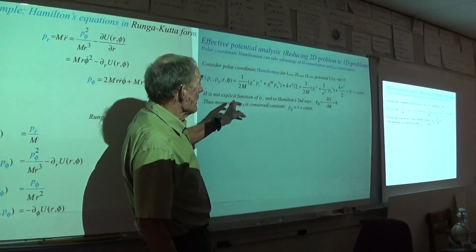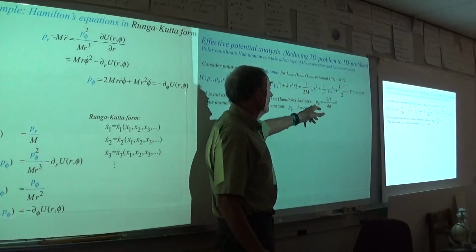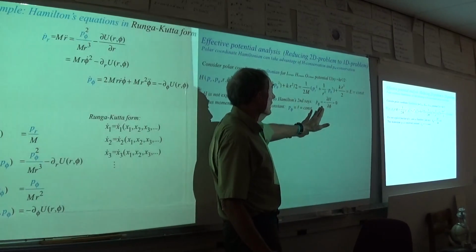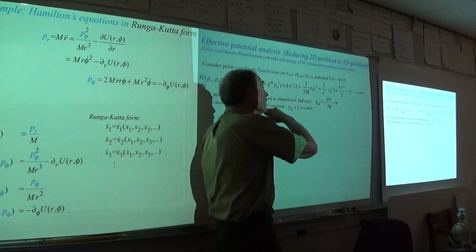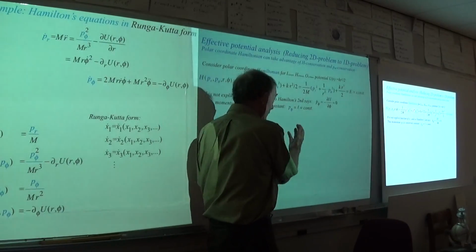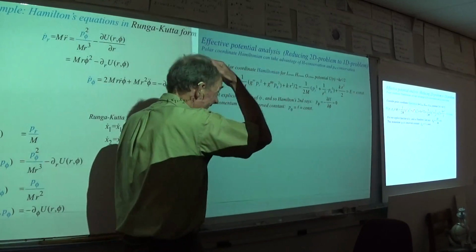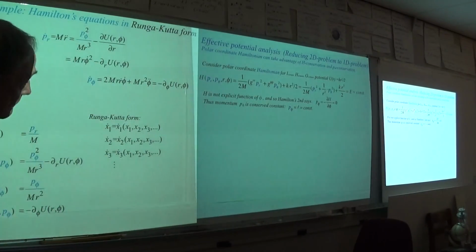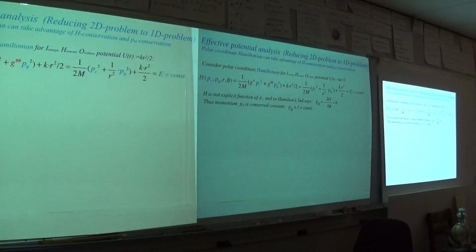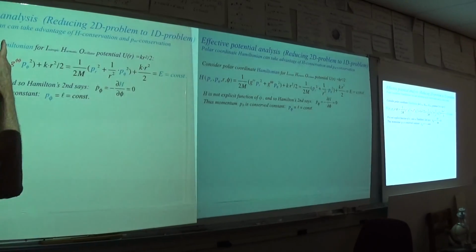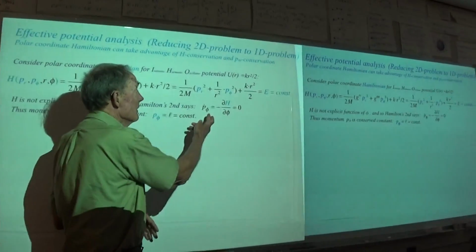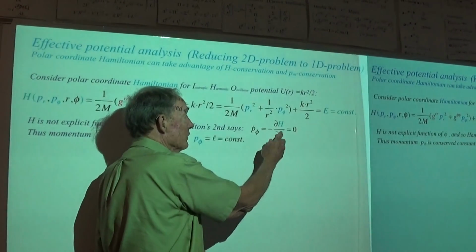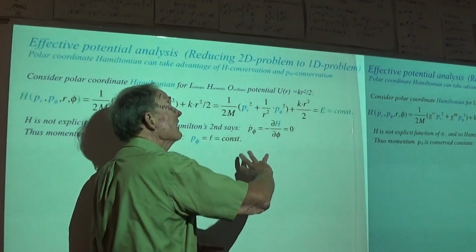If in fact the second equation of Hamilton notices no explicit dependence on the angle phi, that means the thing has a cylindrical or even spherical symmetry, we're in zero land for the partial derivative that's causing us to have a complicated equation involving this Hamiltonian. So if H has no explicit dependence, it has symmetry.